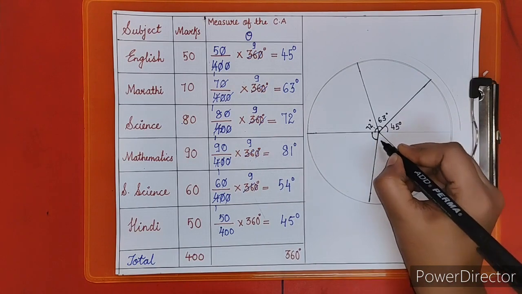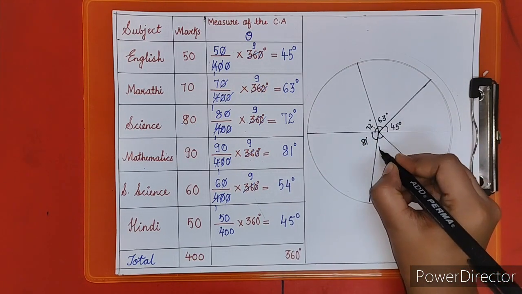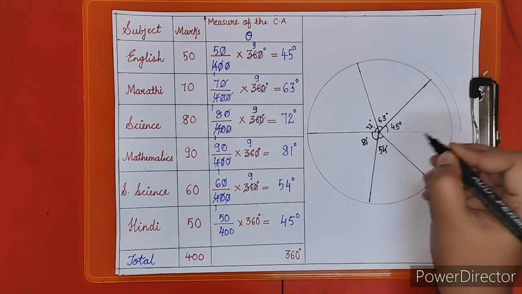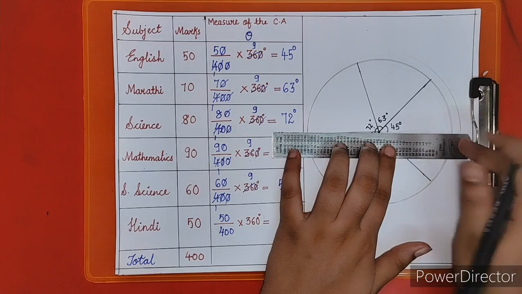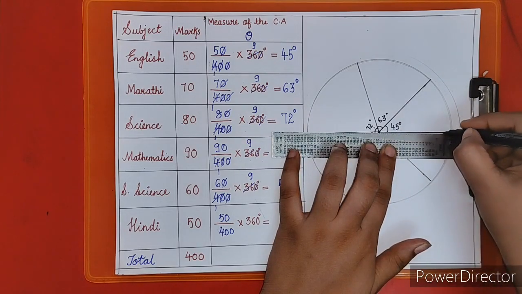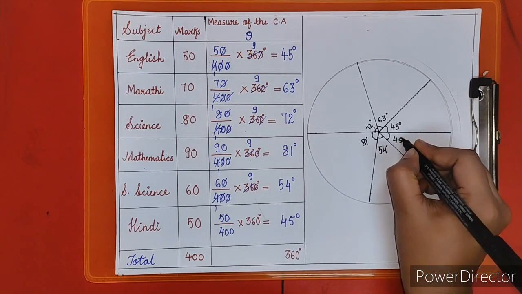We'll write both angles. This one was 81 degree and this is 54 degree. Last is 45. We don't have to take a measurement. The last part of the sector will be the last angle. You can directly write the angle 45 degree.